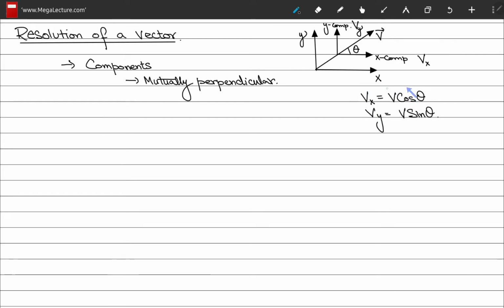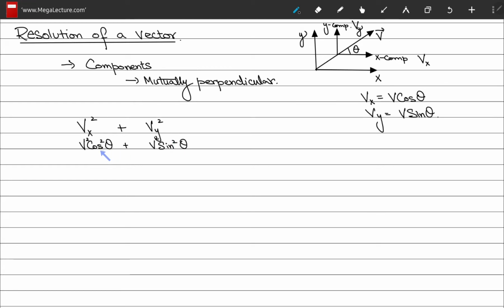Now, just for the fun of it, let's see what happens if I square these components individually. So I square Vx and I square Vy and then add those two together. What do we get? So we have Vx squared plus Vy squared, and this would become V squared cos squared theta plus V squared sin squared theta.